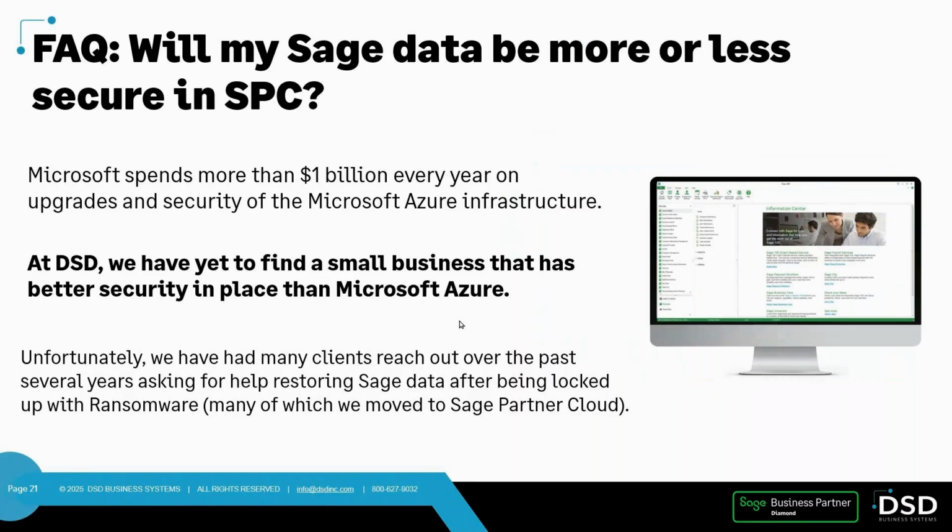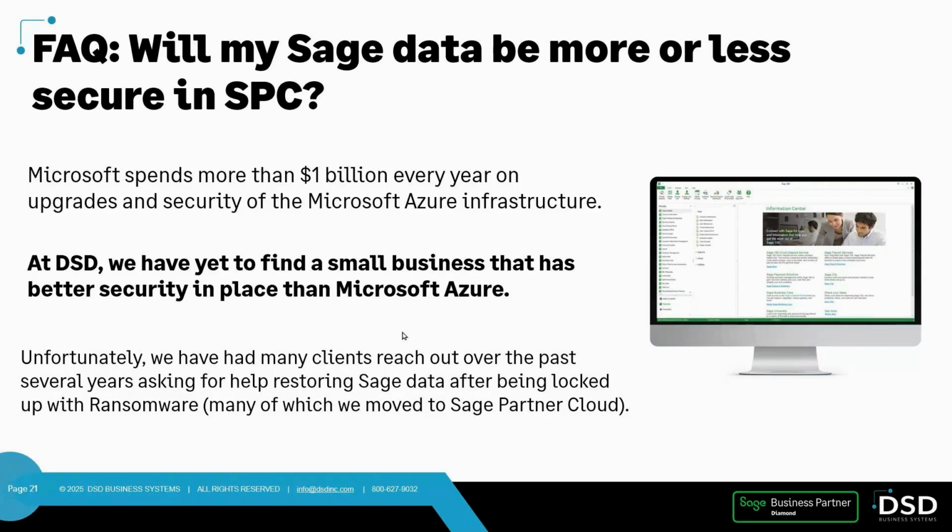So will data be more or less secure in SPC? A lot of people, when the cloud was coming out, said, oh my gosh, our data is going to be in the cloud and everybody has access to it. Well, that's not the case. Each company has their own server, and the only people that can access it are your company and the DSD people that run that server.